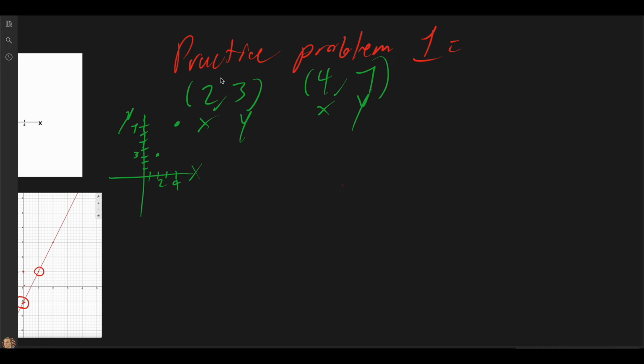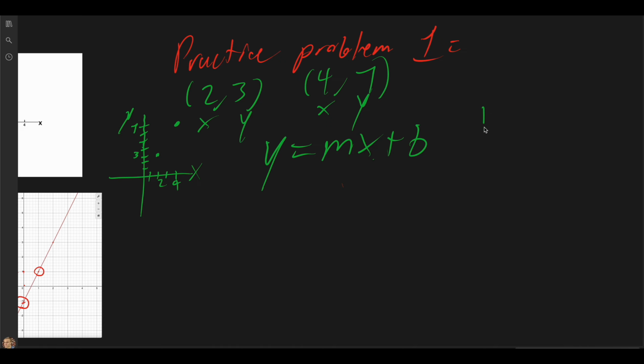Now what we need to do is develop a linear equation, where a linear equation, as we all know, is y equals mx plus b, where y is the dependent variable, x is the independent variable, m is the slope.